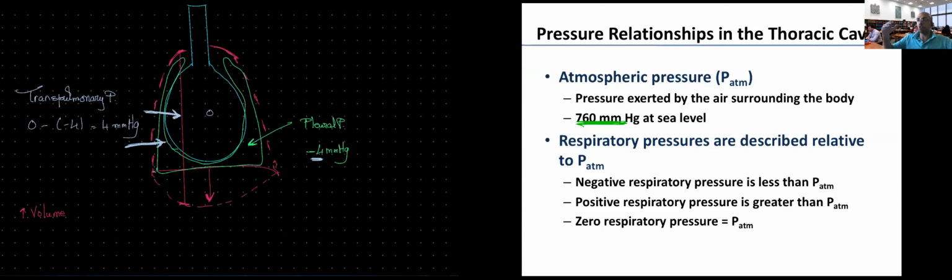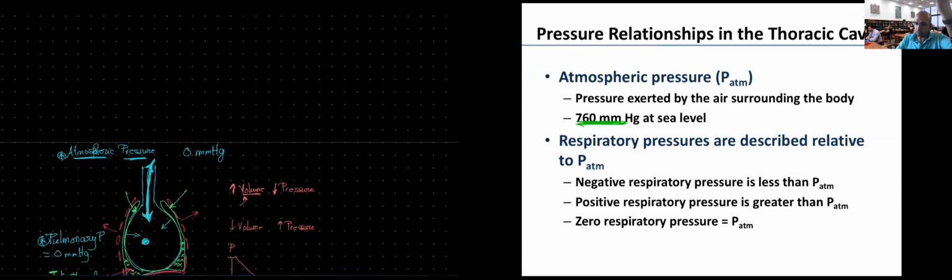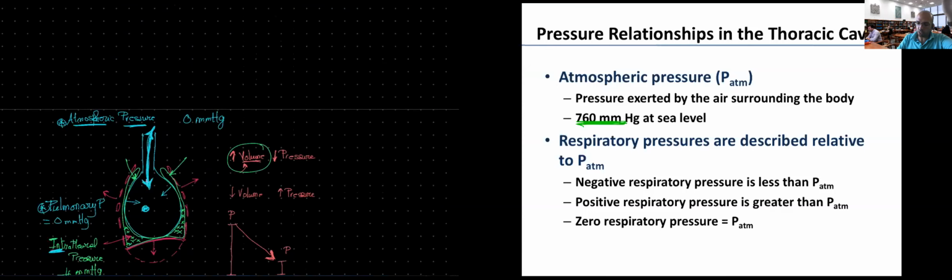And if I increase the volume, what happens to the pressure? Can you remind me? When I increase volume, would I have higher pressure or lower pressure? Increase or decrease? Increased volume is going to result in a decrease in the pressure.